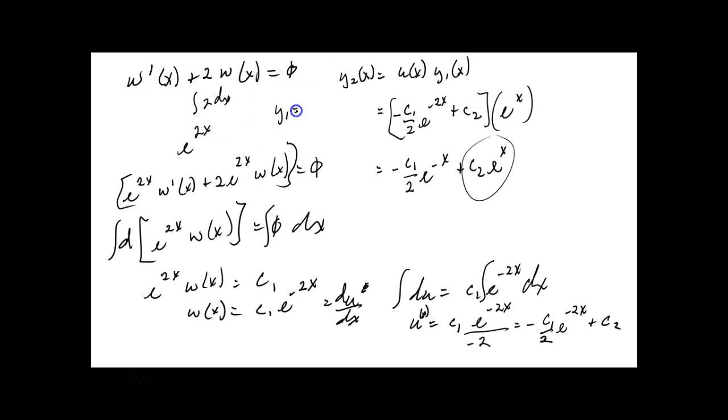Remember, y1 is e to the x. So this is your constant with e to the x, and here's your constant. It doesn't need to be minus c1 over 2. You can make that a new constant, just c. So your solution set then would be, your y would be some constant.